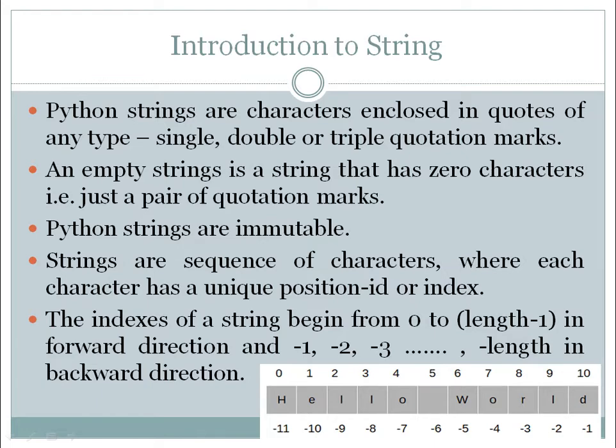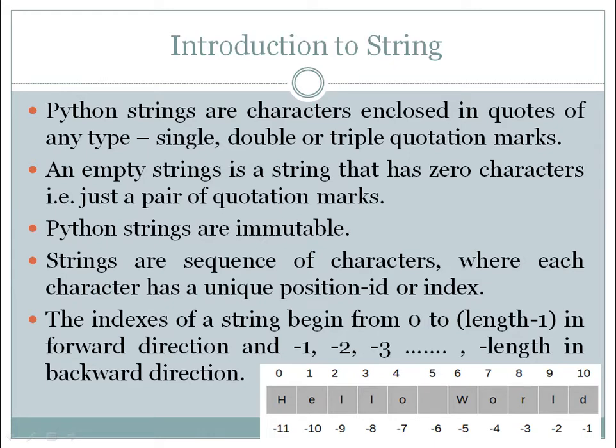Suppose a string has 10 characters, so the index will start from 0 and the last index will be 9. Why 9? Because the indexing starts from 0. That's why if there are 10 characters, it will be 1 less. The last index will be 1 less than the length. And in the reverse direction, the indexing will start from minus 1 to minus length.